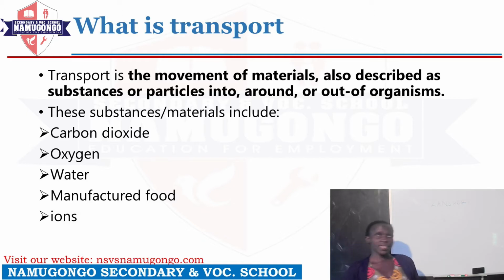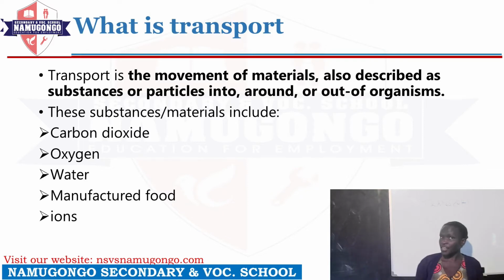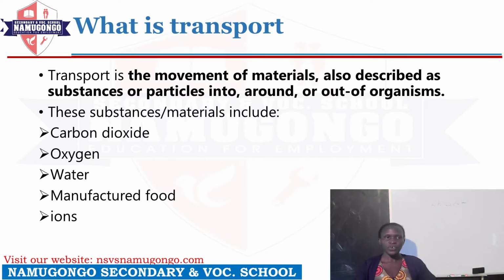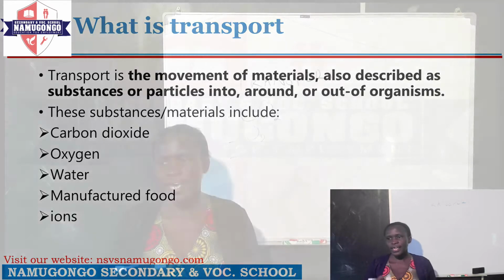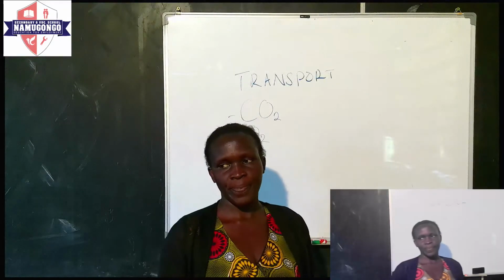Besides that, another substance that needs to be transported includes oxygen and many others that you should be having in mind. I am sure you're already thinking, okay, what do organisms need in order to survive? Those are the materials that need to be transported within a living organism.